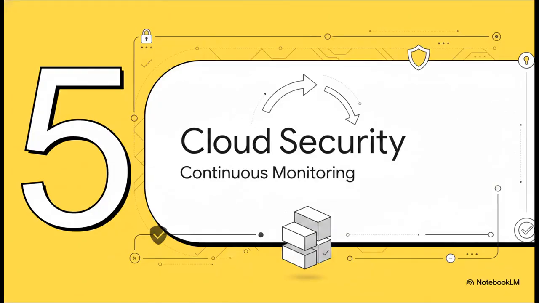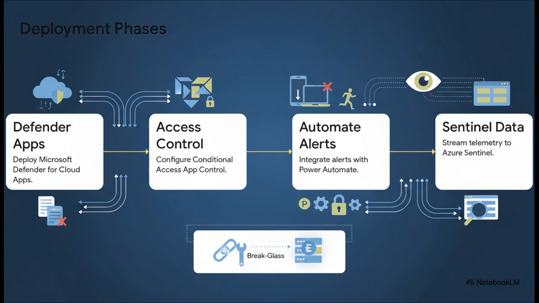All right, Part 5, Defender and Cloud Security Integration. With our foundational framework established, we transition into active deployment. We need to operationalize this governance. Now, these are your strict IT deployment phases. Step 1. Route your Microsoft 365 traffic through Defender for Cloud Apps, essentially using it as a reverse proxy. Step 2. Configure Conditional Access App Control right inside Microsoft Entra ID.